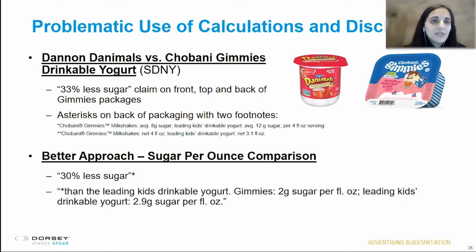And so the better approach, what the court ended up saying was, instead of having this 33% less sugar claim, make it 30% less sugar with an asterisk that clearly says every time you make the claim, that our yogurts have 2 grams per fluid ounce, and the leading kids drinkable yogurt has 2.9 grams per fluid ounce. So it's a really easy basis to compare. Next slide.